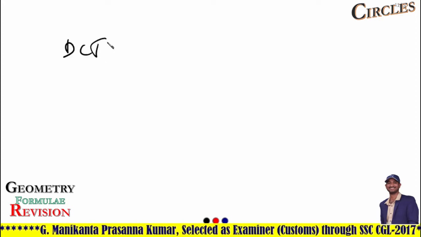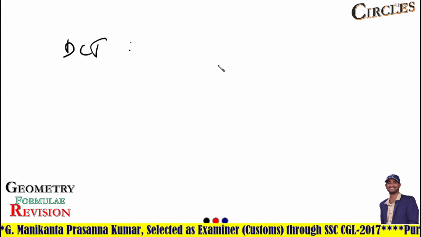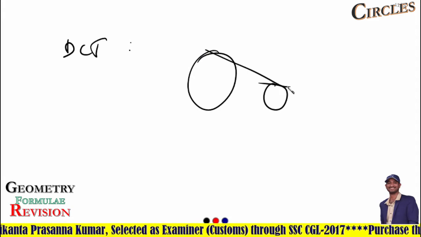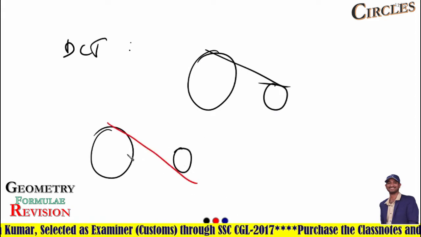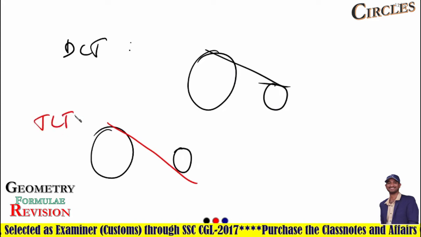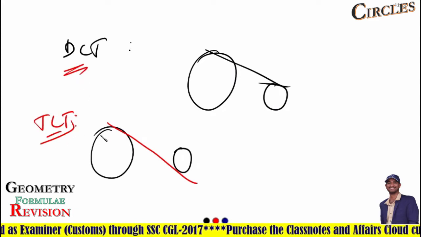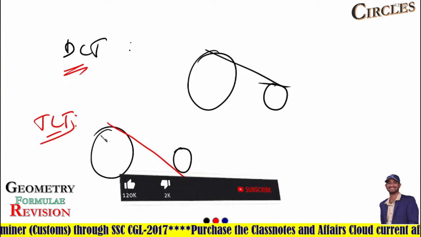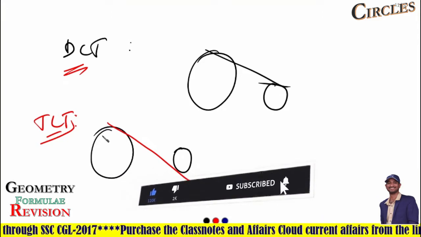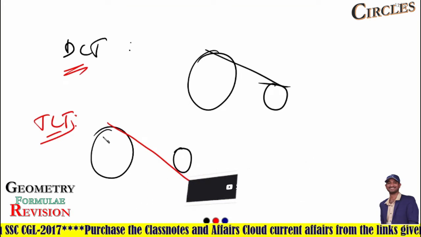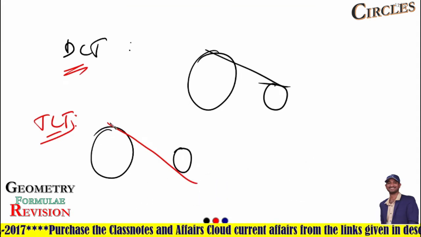Direct common tangent means the circles lie on the same side of the tangent. If the circles lie on either side of the tangent, then we call it a transverse common tangent. For each type of circles, we have to discuss how many direct common tangents and how many transverse common tangents will exist.